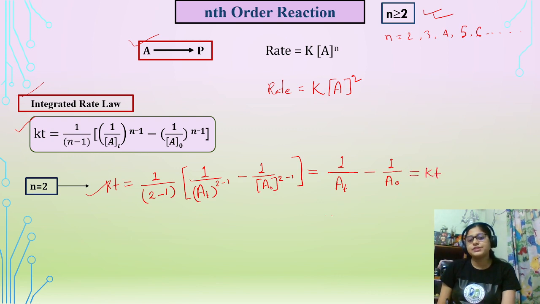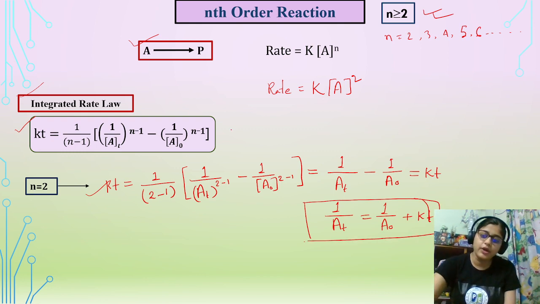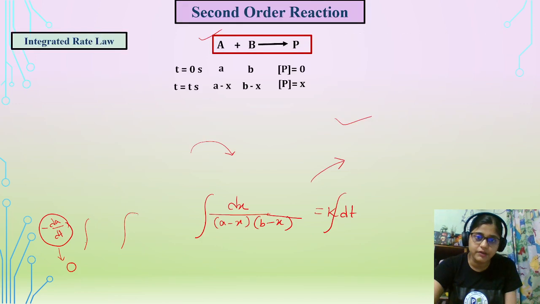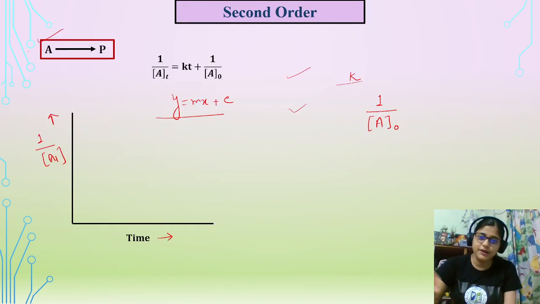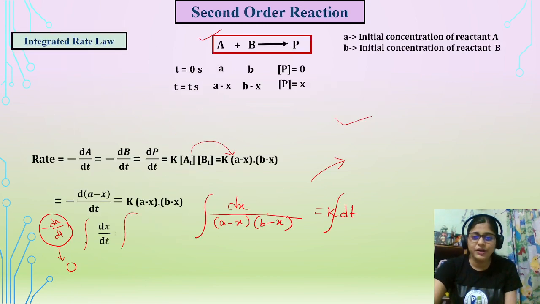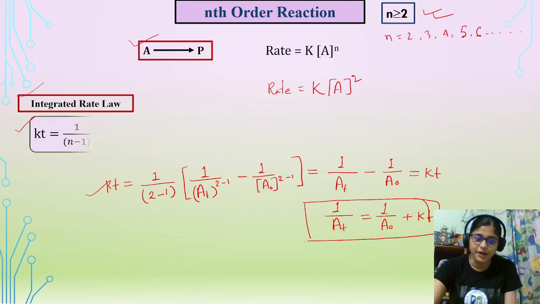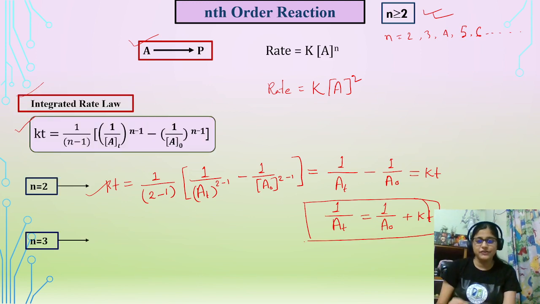So this was the equation, the integrated rate law for the second order reaction. Remember? Just now we have actually read about it. I have shown it to you. The graph also we have plotted, 1 by A versus time, right? Okay, if you forget about it, let's take a look. This one, right? The same.